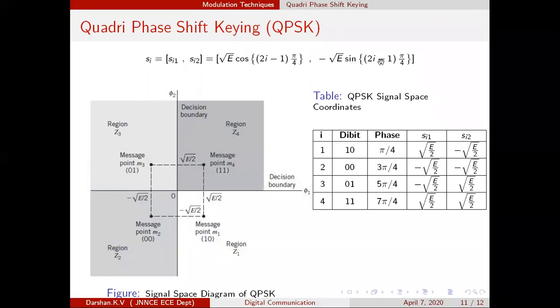Now, how did these values come? For the first signal S1 equal to S11, S12, instead of i you put 1, so you got root E by 2, minus root E by 2. For the second one, 00, what is the value of i? You should put it as 2. So S2, once you substitute i equal to 2, is minus root E by 2, minus root E by 2. You have plotted it. Similarly, you have plotted 01 and 11, and this would be the constellation diagram.